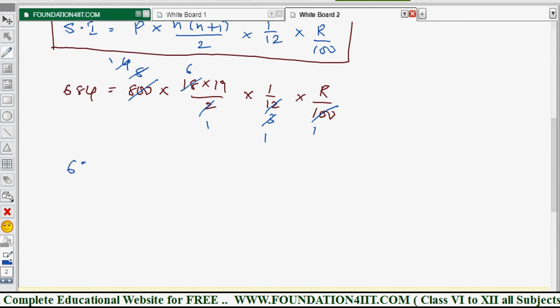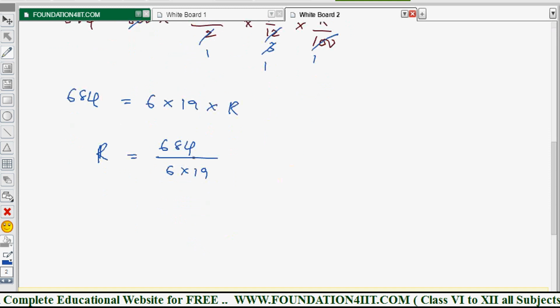Now 684 is equal to 6 into 19 into R. Then R is equal to 684 divided by 6 into 19. 6 into 19 is 114. Cancel this: 114 sixes are 684. Then R is equal to 6.